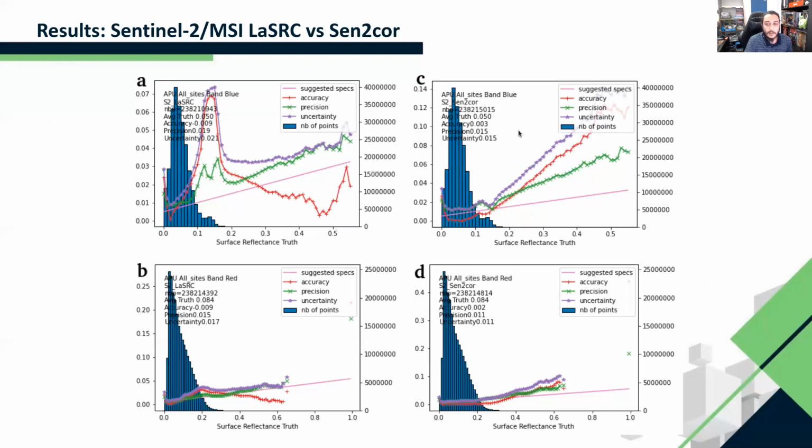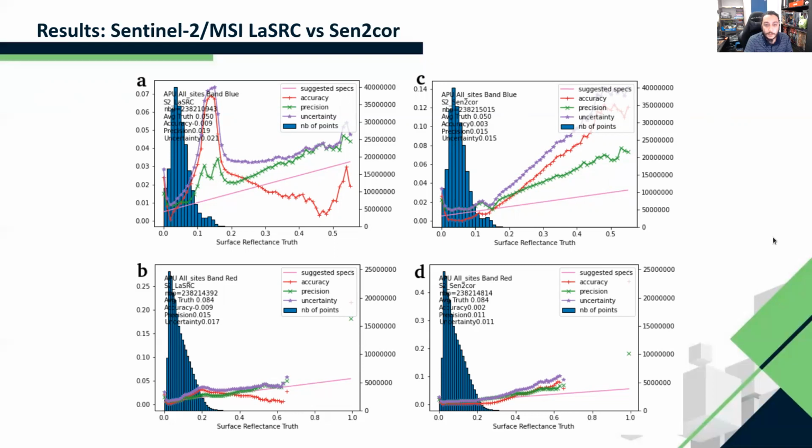And here on the right, we can see the same blue and red bands, but corrected using the Sen2cor processor. Considering the Sentinel-2 data, we can see that the LaSRC correction wasn't as good as the Sen2cor correction, since those APU metrics were far away from the reference line. And we can see that the Sen2cor results are more concentrated around it.